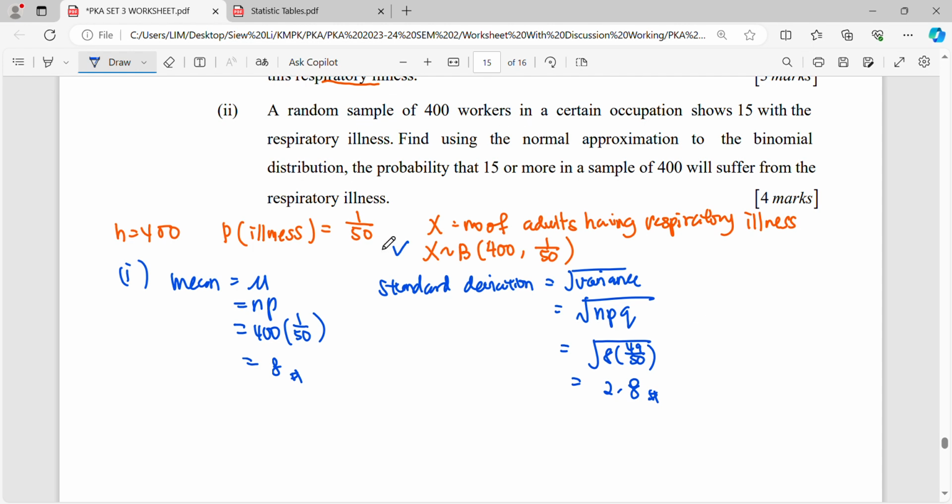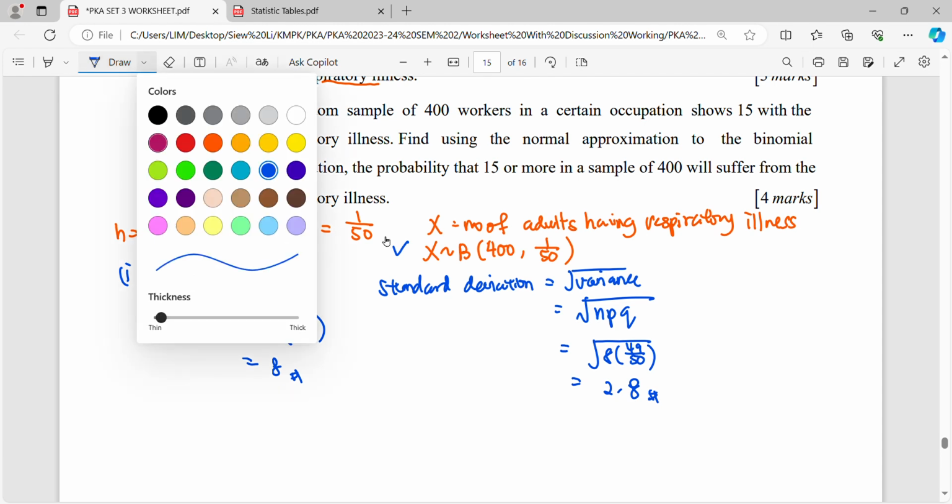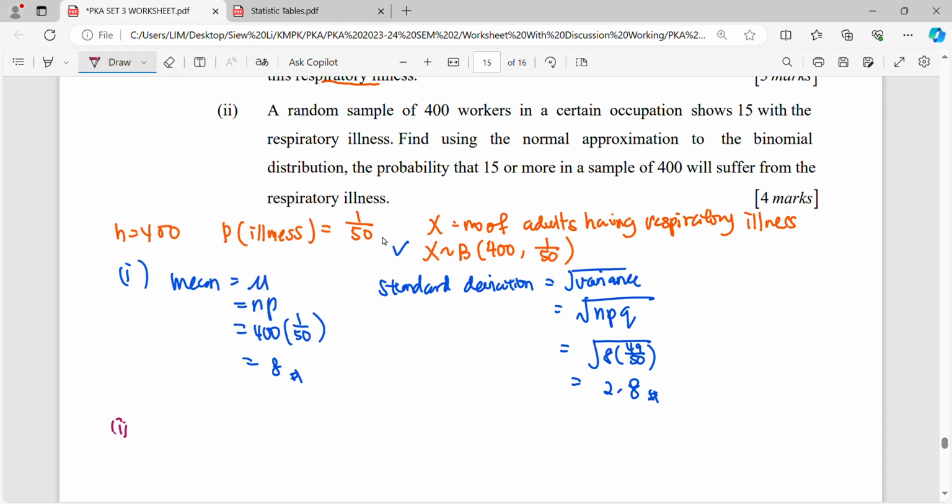Okay, number 2. Go over the question. They say a random sample of 400, still the same, 400. In certain occupations, 15 with respiratory illness. Use the normal distribution to approximate the binomial distribution, find the probability that 15 or more.